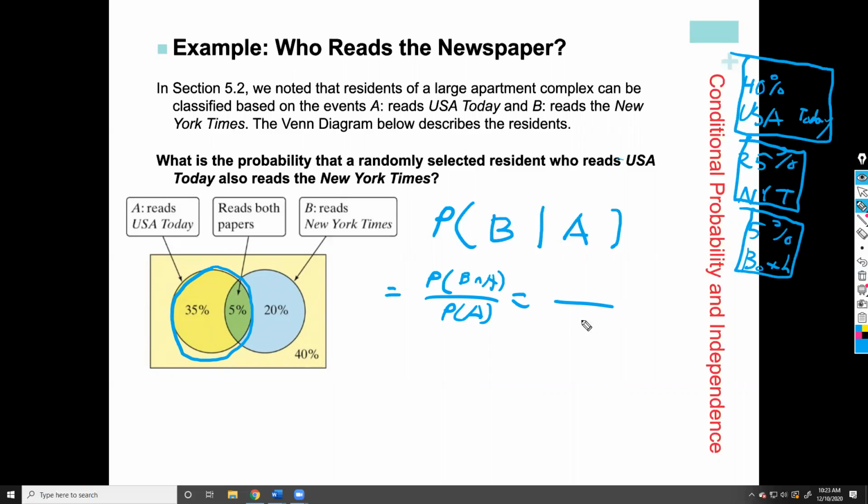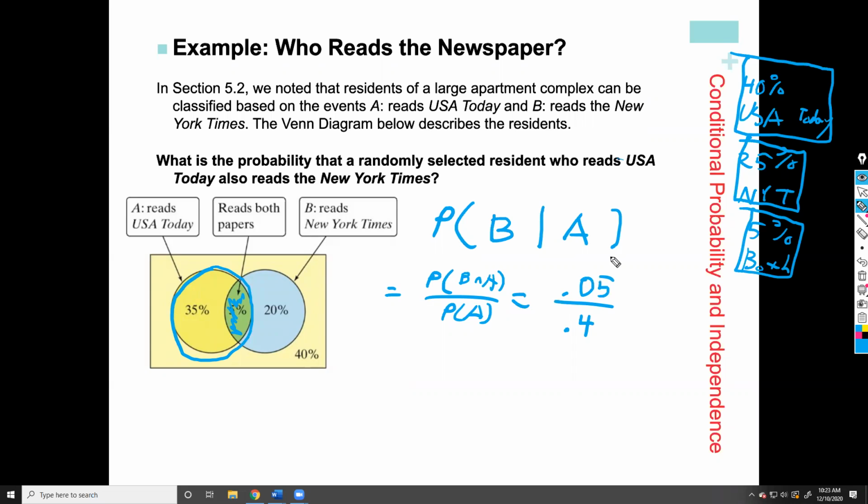How much reads the USA Today is 40%, 0.4. So out of all those people who read the USA Today, how many also read the New York Times? And that is this area right here. So out of this circle, we want this area. So that's going to be the 0.05.